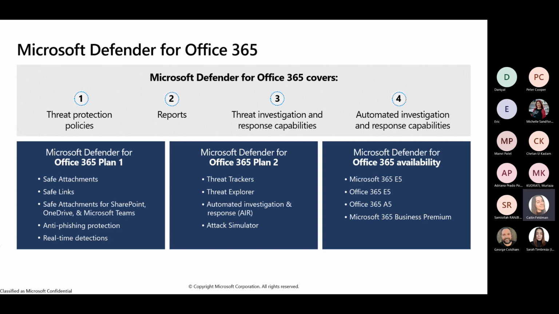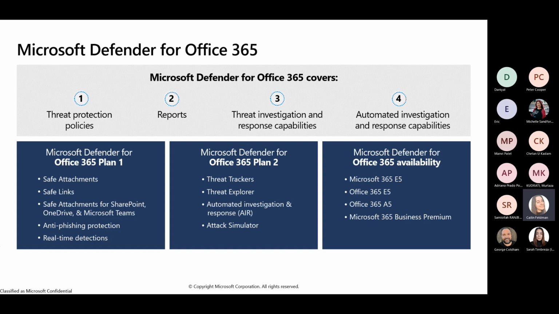Microsoft Defender for Office 365 is available in 2 plans. So the plan you choose influences the tools you'll see. And it's important to make sure you select the best plan that meets your organization's needs. So in Microsoft Defender for Office 365 Plan 1, you are getting protection from malicious attachments and potential phishing links that has tools that integrate with Office 365 tools like SharePoint, OneDrive, and Teams.